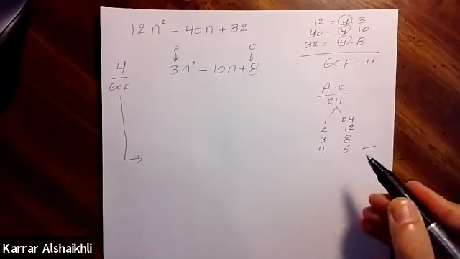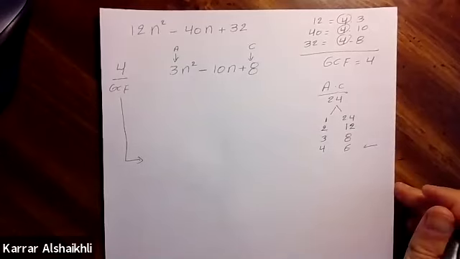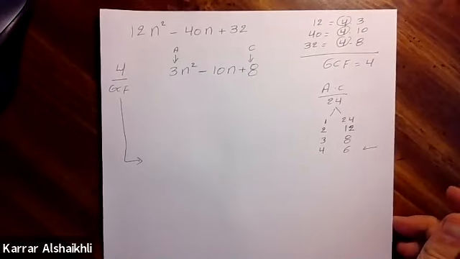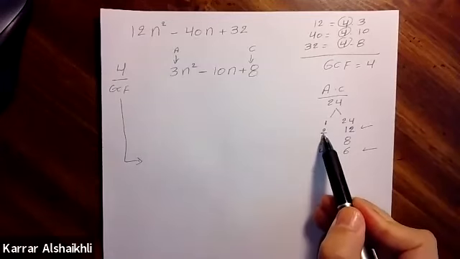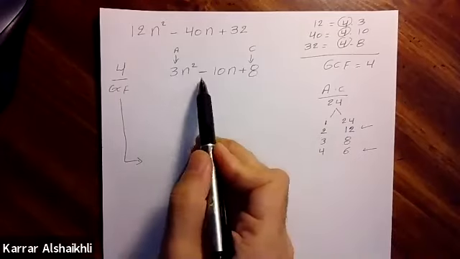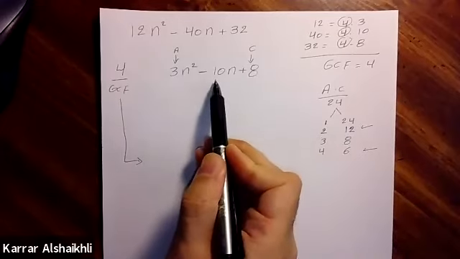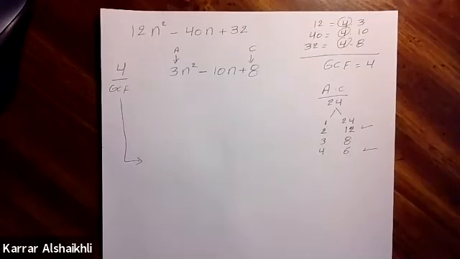Do you have another option? Oh yes, number 2 and number 12. Yes, this one also, because you can say 2 minus 12 is going to be what? Minus 10. So now I have two options. Here is the idea. You're going to start with one option. If it works, that means this is your solution.